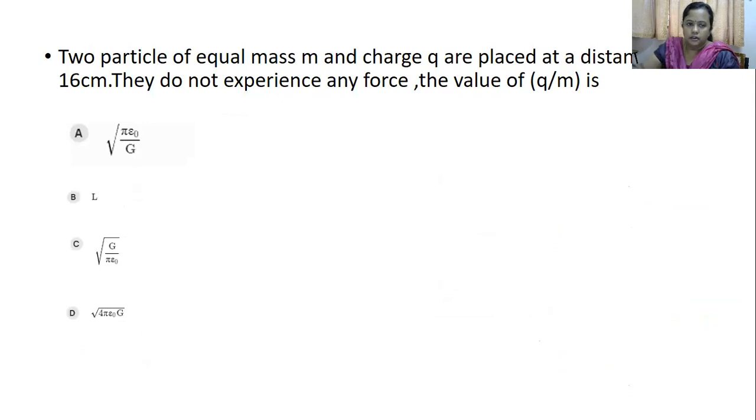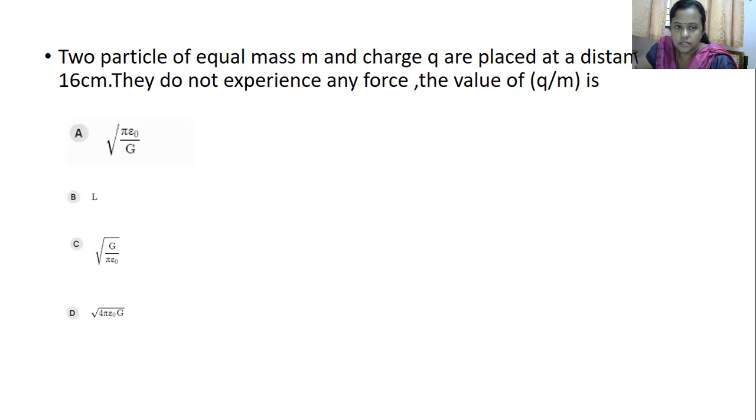Two particles of equal mass m and charge q are placed at a distance of 16 centimeter. They do not experience any force. The value of q by m is. We have to find out the ratio of q by m.